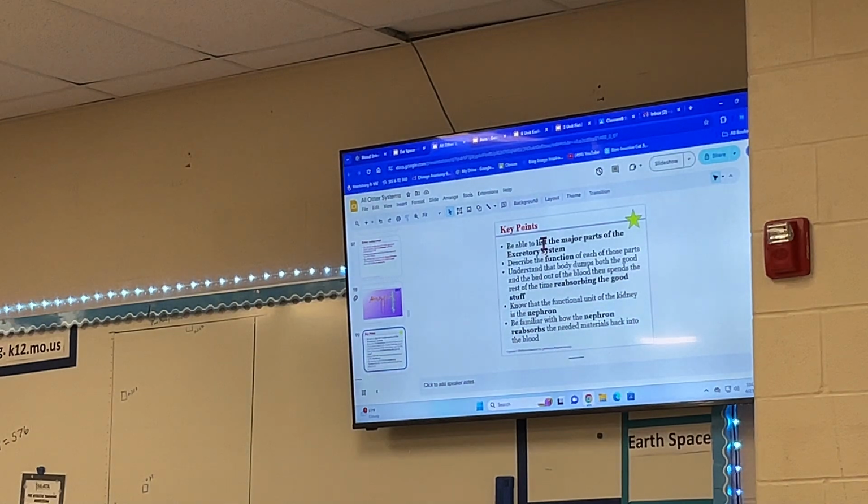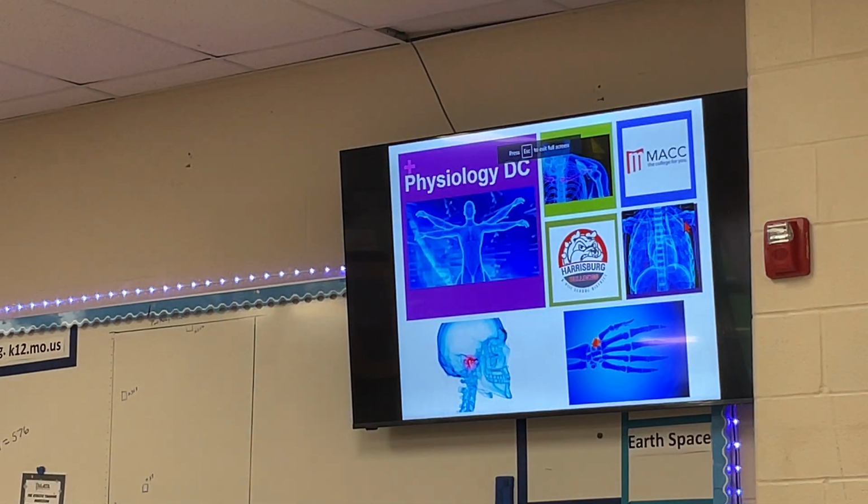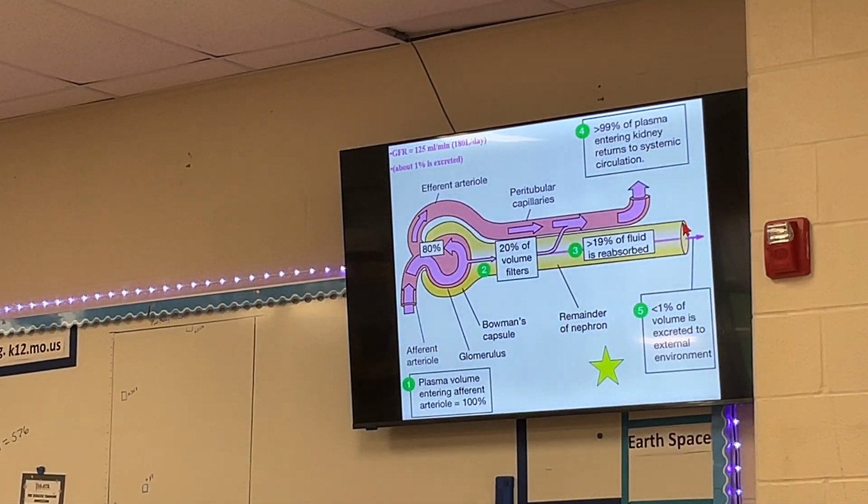There you go. Okay. But we're going to move on with today's material, talking about the nephron and the actual filtration process. So this is kind of the real meat of what's going on within the kidney and how the process works.